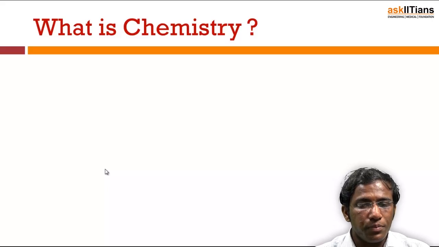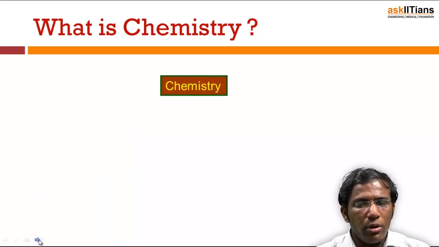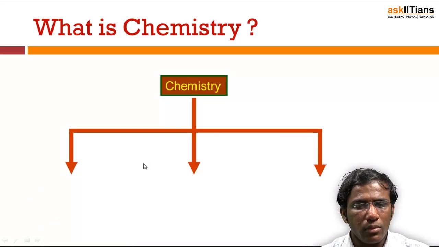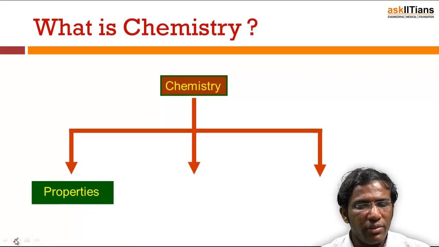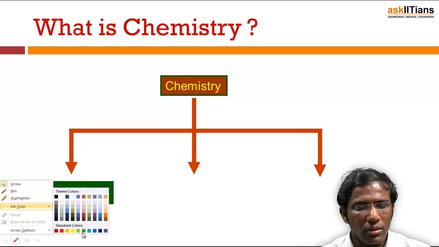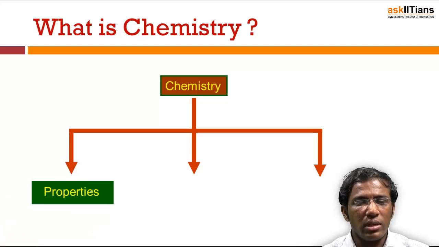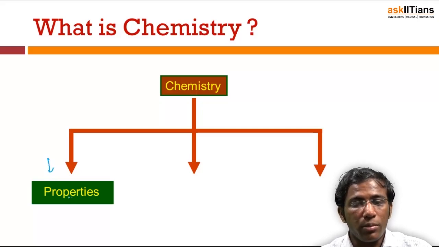Chemistry is about studying three things. One is properties. We have many substances around us, and in chemistry we study the properties of chemical substances. The properties may be physical properties or chemical properties.